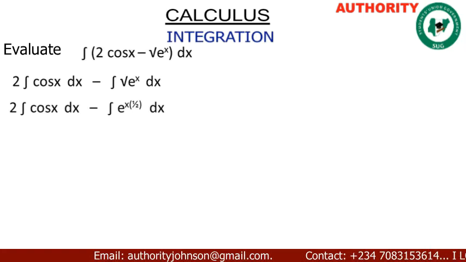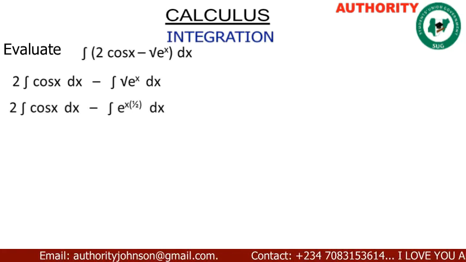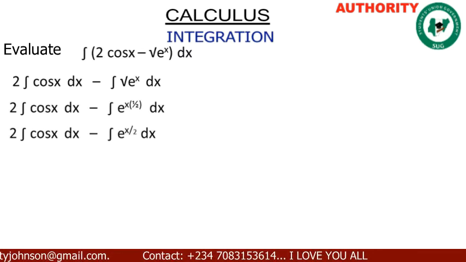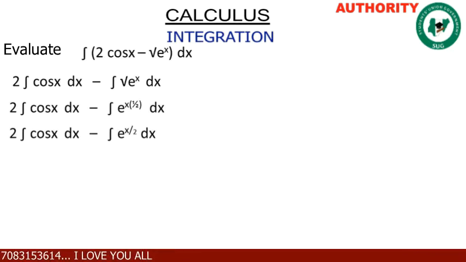So that means we are having integral of e raised to power x times 1 all over 2, therefore integral of e raised to power x all over 2 dx. So we have 2 integral of cos x dx minus integral of e raised to power x all over 2 dx. Now let's take them one after the other.